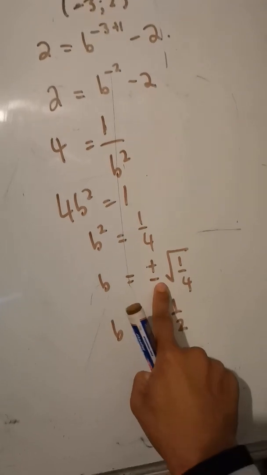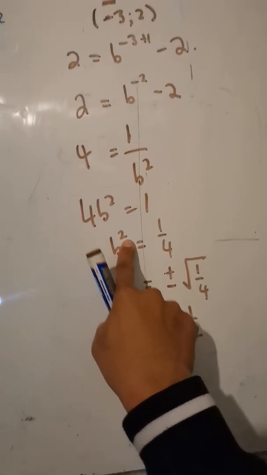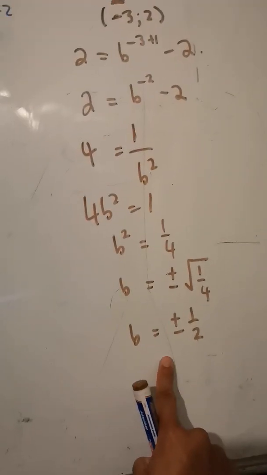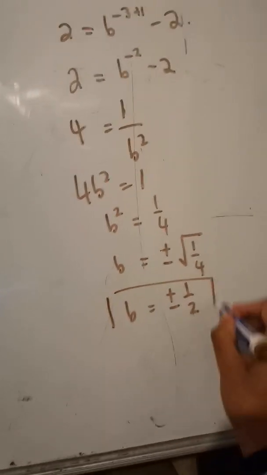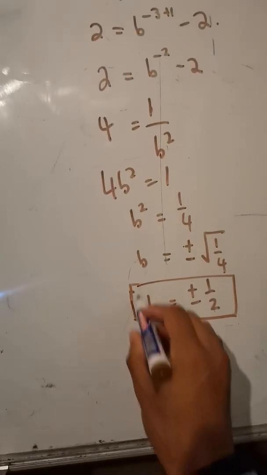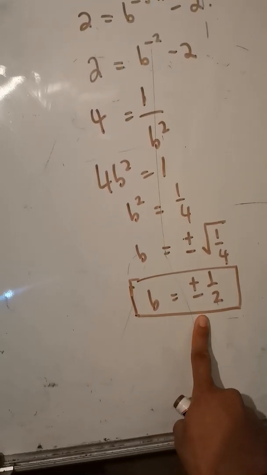You must put plus minus because there's a square. Okay? So now b can be positive half or it can be negative half. But now we have to choose.